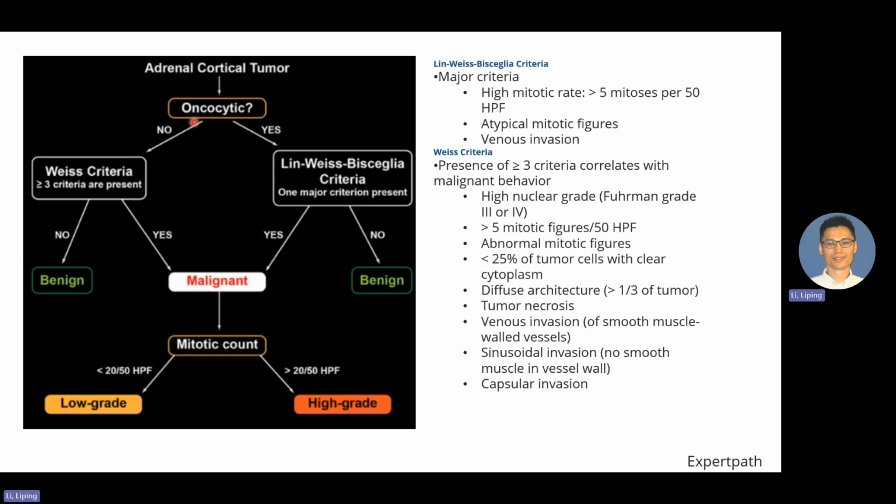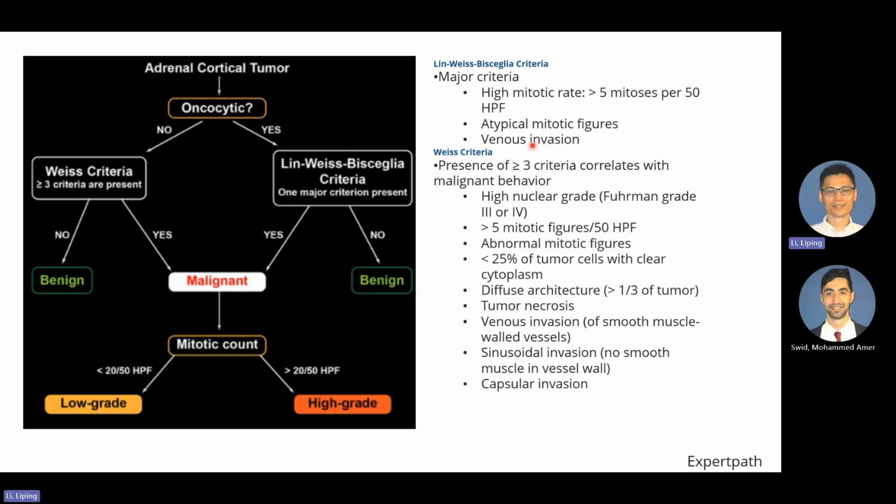That means, do most of the cells have clear cytoplasm, lipid-rich cytoplasm? If not, then we will call this oncocytic. So if they are oncocytic, we use these criteria. And then we just need to meet one major criterion that is here: high mitotic rate, atypical mitotic figure, or venous invasion. That is the one for the oncocytic one.